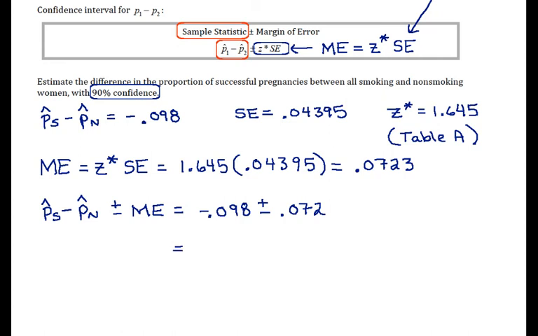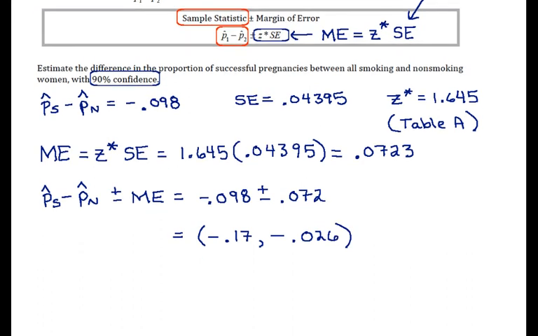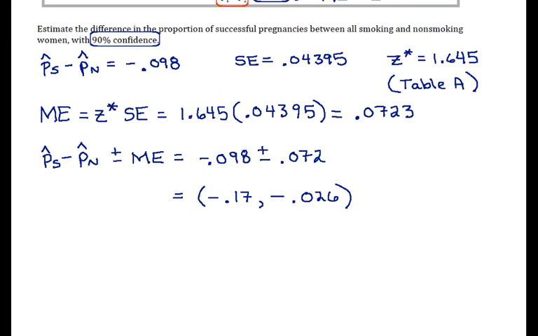And that subtracting to get our lower bound gets me negative 0.17. And then adding to get our upper bound gets me negative 0.026. So this is our estimate for the difference of proportion.